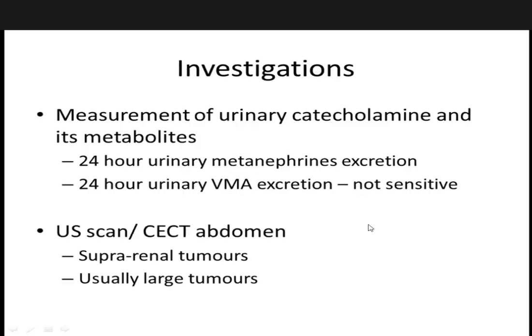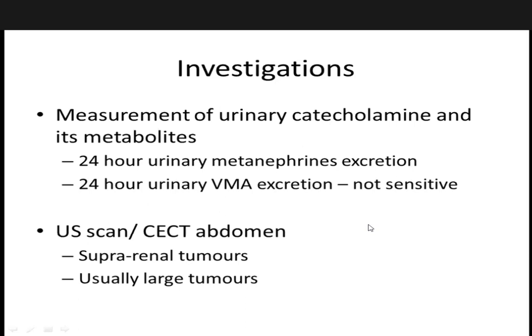Right. So again, how are you going to investigate these individuals? In our hospital setup, what we do is 24-hour urinary VMA excretion. So we will miss more than 80% of patients with pheochromocytoma by doing this test because it's not sensitive.